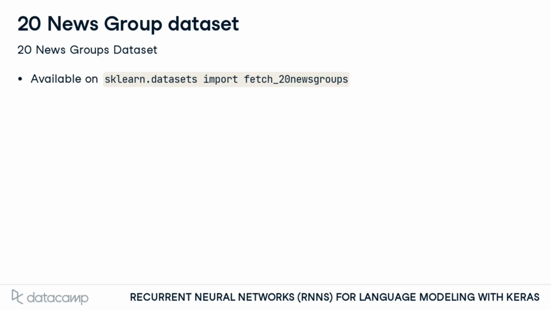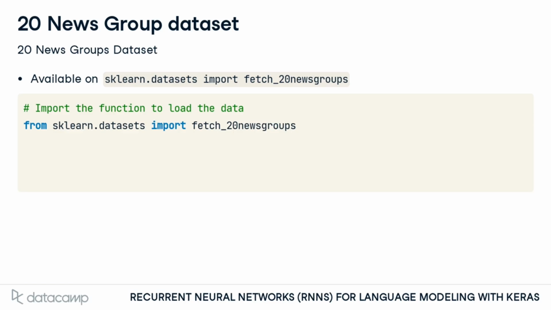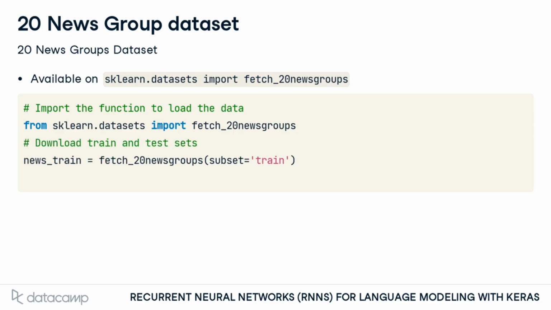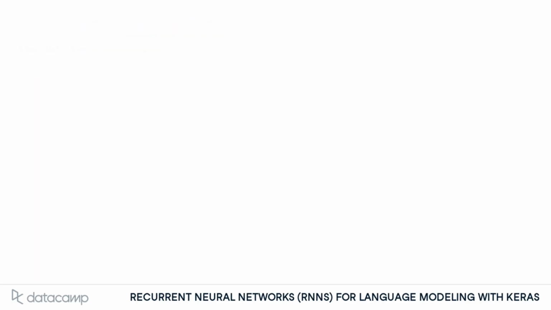The dataset is available in sklearn by the function fetch_20newsgroups contained in the sklearn.datasets module. We can download the train and test data separately by using the parameter subset, as in news_train equal to fetch_20newsgroups subset equal to the string train. Same goes to download the test set.